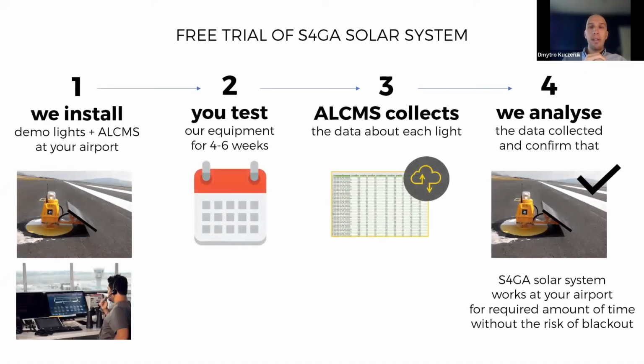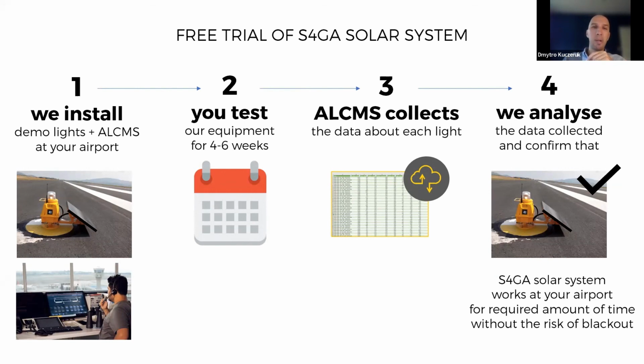Let's install several lights. This is what we actually do. We install several demo lights, with a complete ALCMS system, at the airport that is interested in solar system. We leave this system for around 4 to 6 weeks. And during this period, we collect 27 data points from each light.